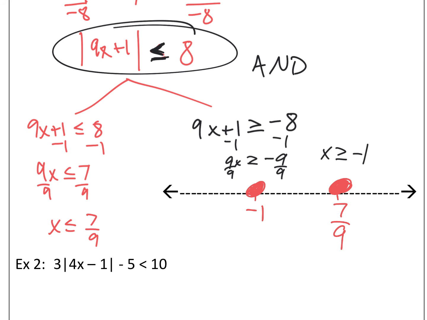So we'll start with the -1, left or right? Right, because it's greater than. And then we do the 7/9, left or right? Left. And what do these have in common? Just the middle. So we don't need the left and the right.